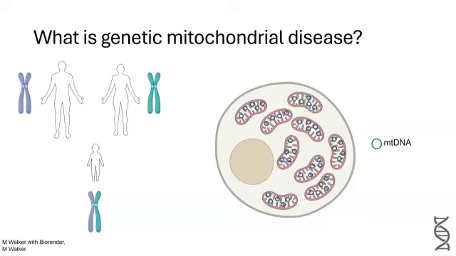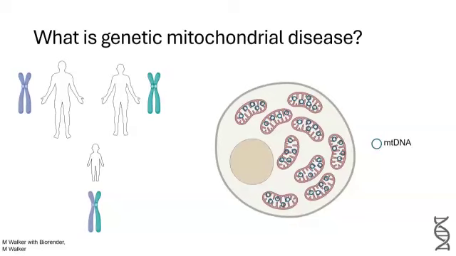And this is the mitochondrial DNA. And as I've shown you here in this cartoon of a cell, there are many copies of mitochondrial DNA in every mitochondria and in many mitochondria in every cell. So we literally have hundreds, if not thousands of copies of mitochondrial DNA in every cell in our body. And we only get this from our mother because only the egg cell has mitochondria in it.